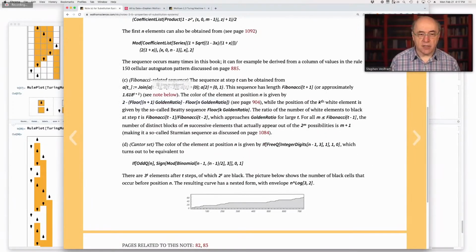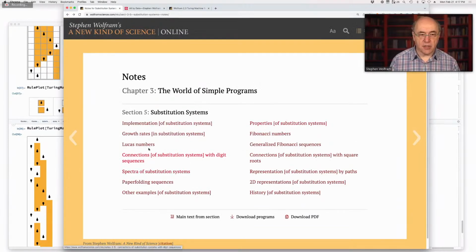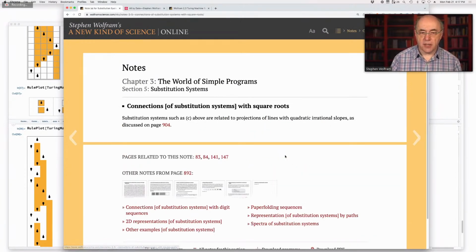Similarly, there's lots to be said about the Fibonacci case. In general, lots to be said about these different kinds of sequences, the different sequences made by neighbor-independent substitution systems. There's a connection with square roots.